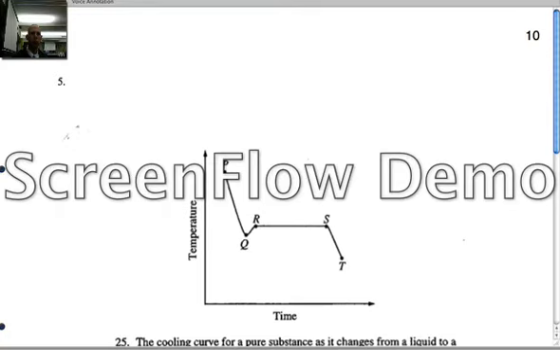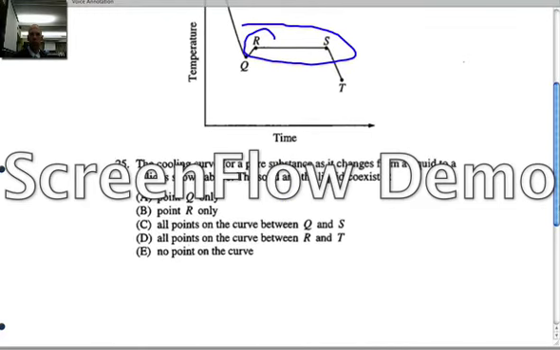Same thing with this. This is also a cooling curve. So let's take a look at it. Again, here's the plateau that we're really concerned about when doing this. So for this cooling curve, the solid and liquid coexist. Where do they coexist? They coexist when it's melting. So this is a fancy way of just saying there's a phase change.